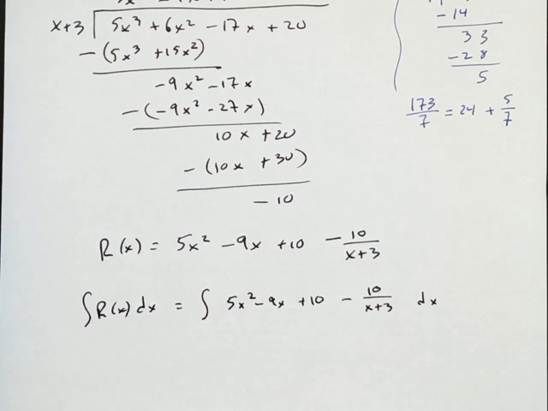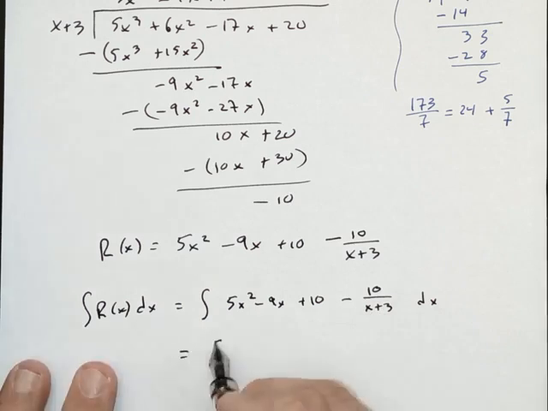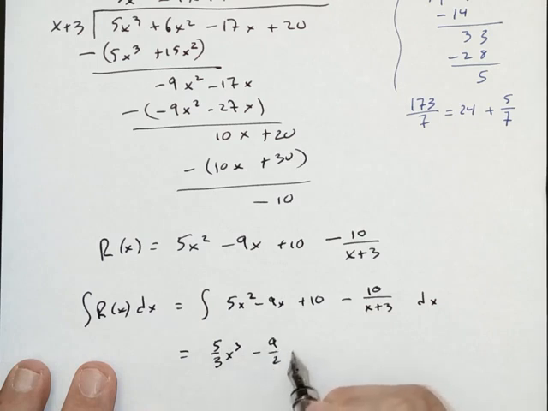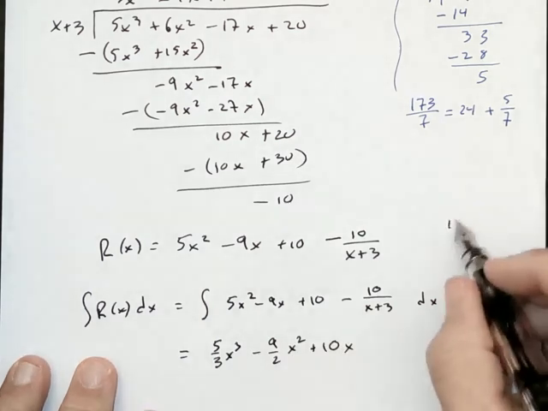I do a u substitution. u equals x plus 3, then du is dx. And that one becomes much easier. So, 5/3 x cubed, 9/2 x squared, 10x.